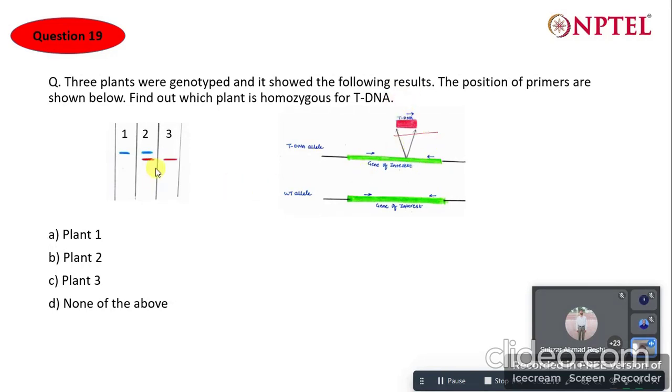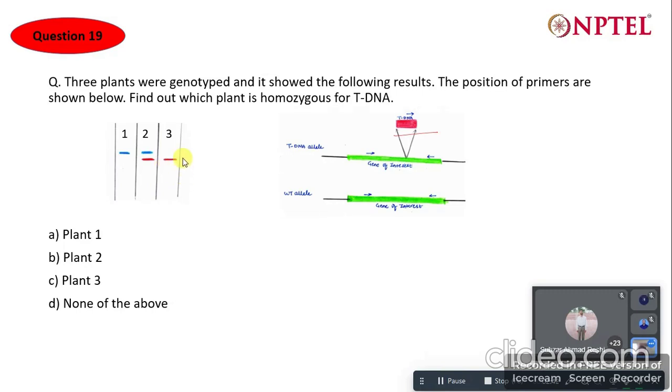And the third plant has tDNA inserted into both of its homologous chromosomes. Hence, it shows only a smaller PCR product, a smaller band on the agarose gel.